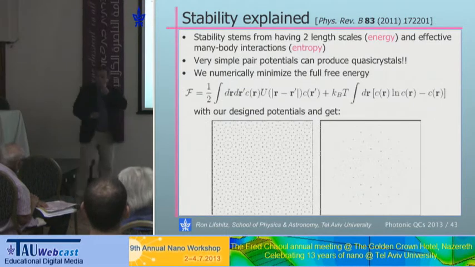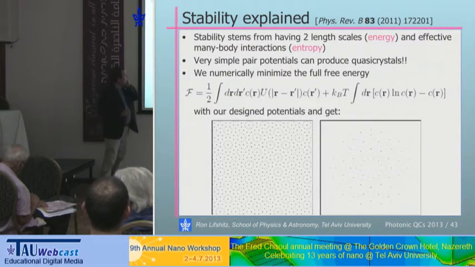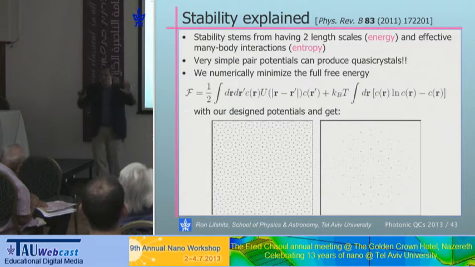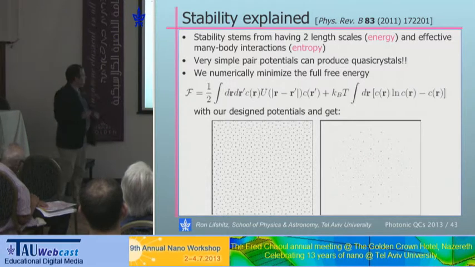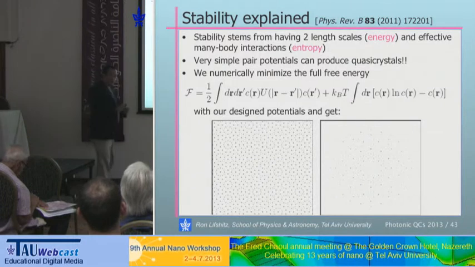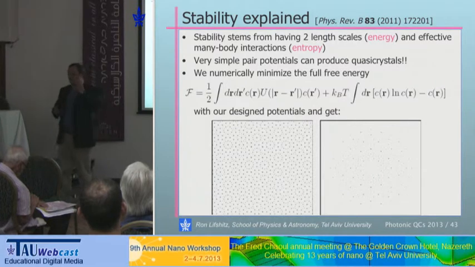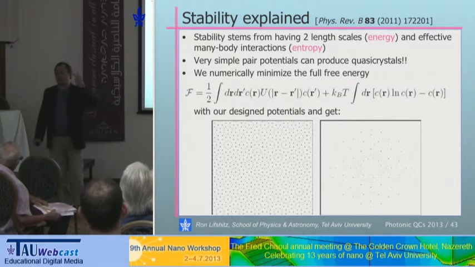We really were able to show, after some thought, by using very simple mean field theory, again for the experts, with a very simple free energy that we wrote down, that in order to stabilize these quasicrystals, we really need two simple ingredients. The interactions between the particles, between these building blocks, should contain two length scales.